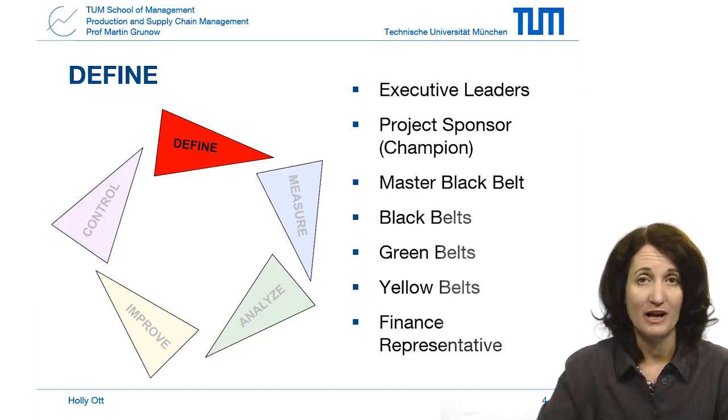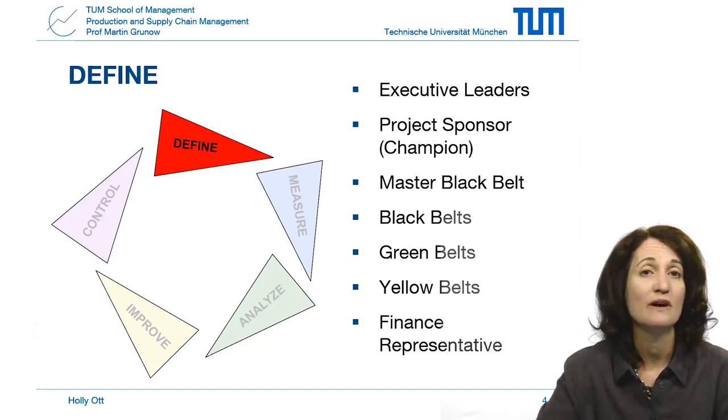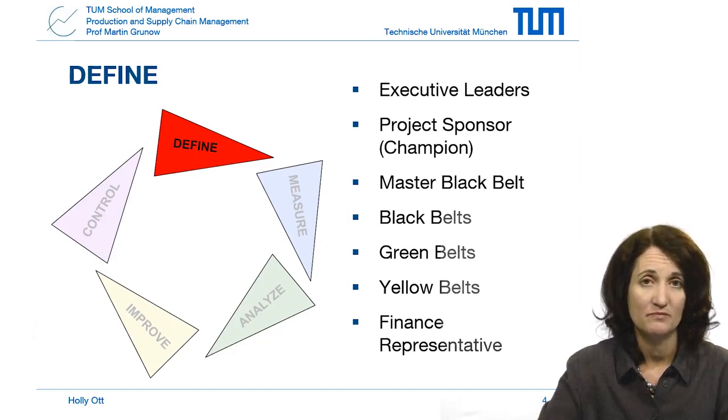Now, the Master Black Belt has an important role. This is someone who works full-time for Six Sigma implementation and has the responsibility for planning and providing technical support for the entire organization. The Master Black Belt will train Black Belts, act as a coach and a mentor, and provide overall leadership in the Six Sigma implementation.